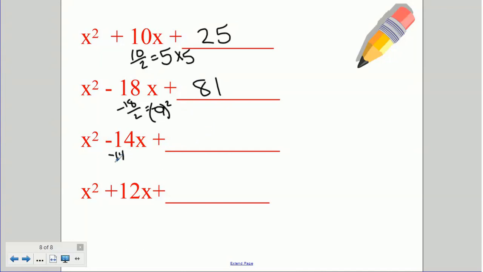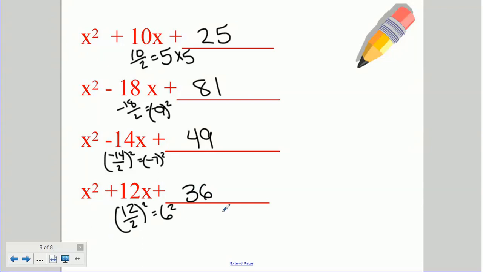We're going to go negative 14 divided by 2, and we're going to square that. Negative 14 divided by 2 is negative 7. Negative 7 squared is 49. Let's try the last one here. 12 divided by 2 squared is 6 squared, which is 36.